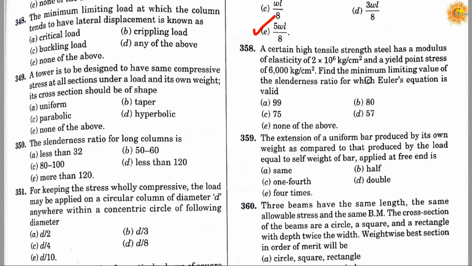Find the minimum limiting value of the slenderness ratio for which Euler's equation is valid. Option A is 99, option B is 80, option C is 75, option D is 57, option E is none of the above. The correct answer is D, it will be 57.